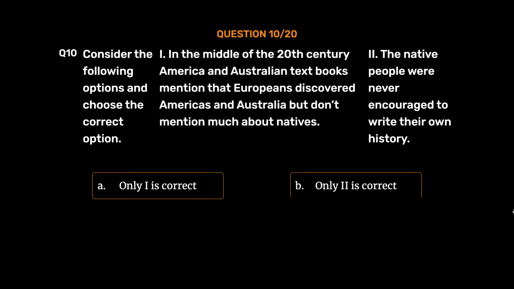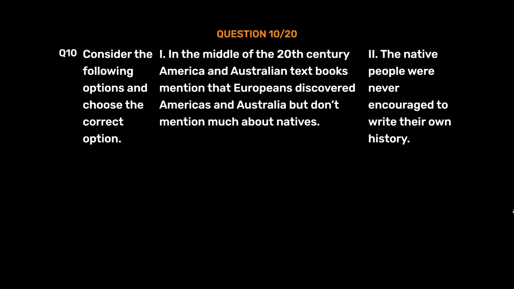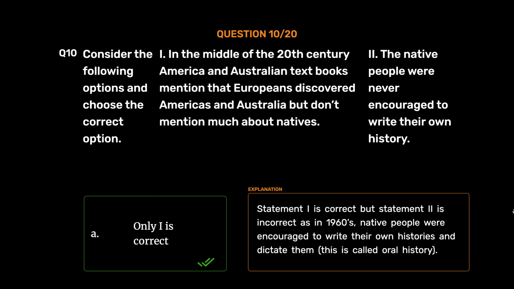Option B, only 2 is correct. Option C, 1 and 2 are correct. Option D, 1 and 2 are incorrect. The correct answer is option A. Only 1 is correct. Statement 1 is correct but statement 2 is incorrect, as in the 1960s, native people were encouraged to write their own histories and dictate them. This is called oral history.